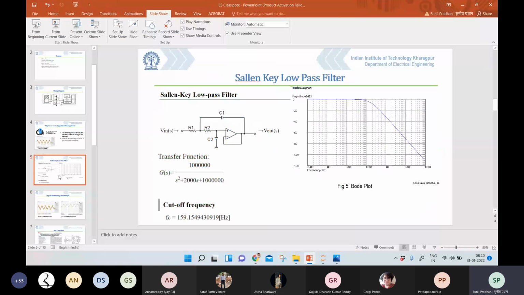Only a part of that circuit I have included, because in that circuit I have a differential amplifier and an instrumentation amplifier. So I have included just a simple low pass filter. Okay. Any questions on this? Any doubt, or should I go ahead?